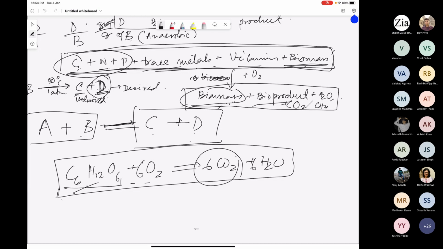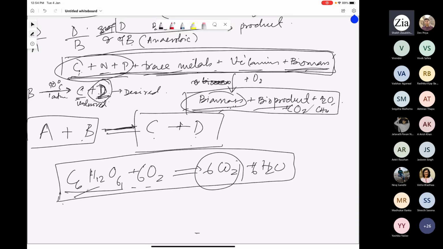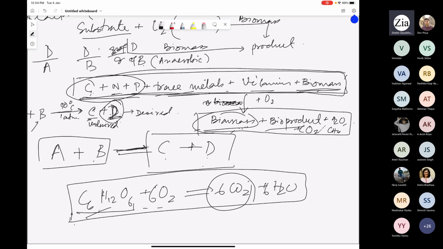Okay. So I'll stop here today, and in the next class we'll discuss more about these equations and the stoichiometric equation, and also some model microbes with their defined formula, and then we'll also show you how to calculate the exact molecular weight of biomass and also calculate the trace nutrient content in biomass.